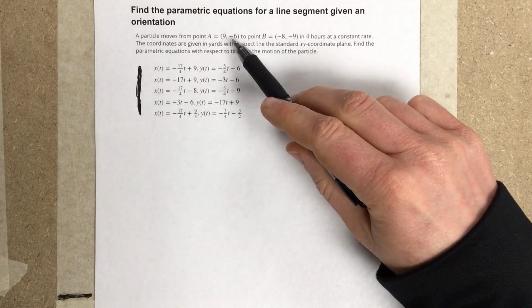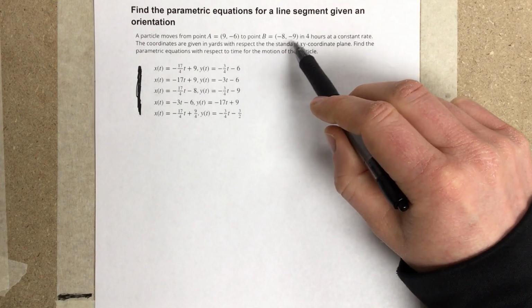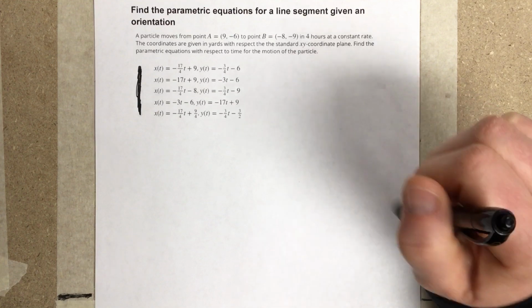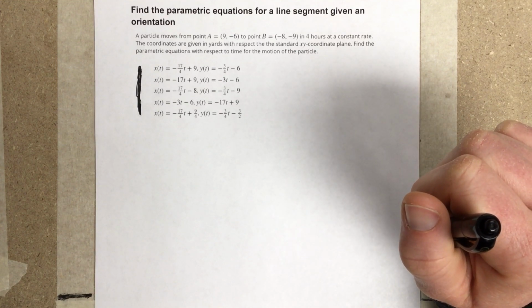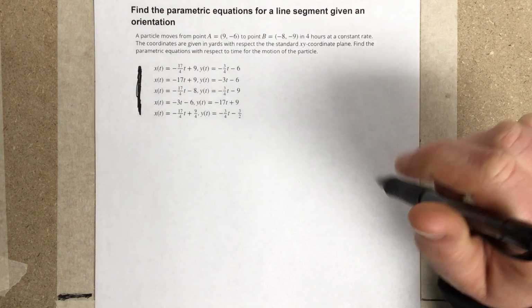So if we're going from (9, -6) to (-8, -9) in 4 hours, that gives us a rate that we can figure out pretty easily.